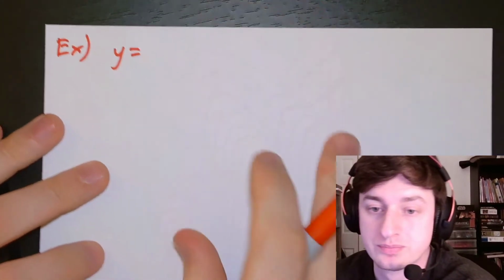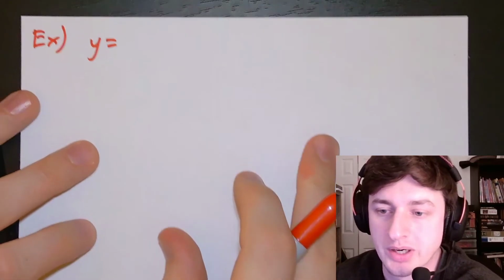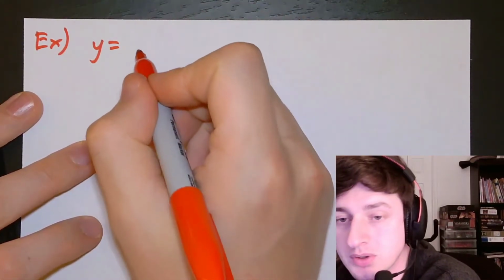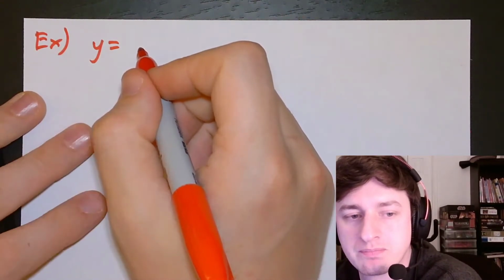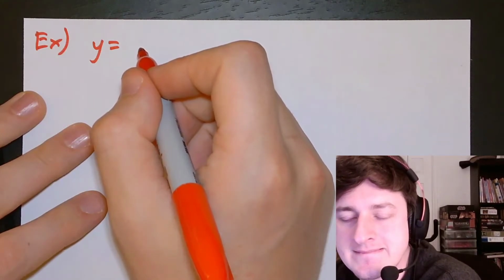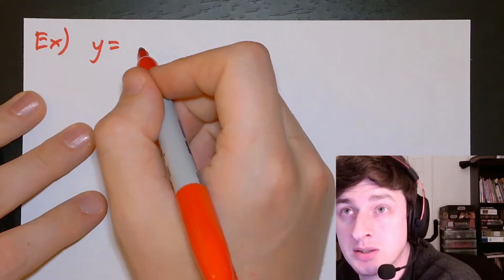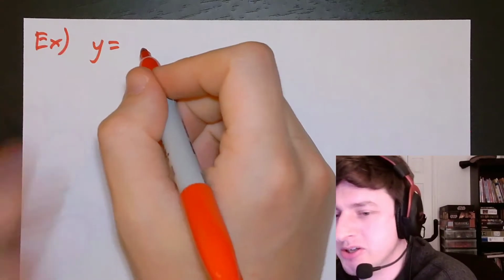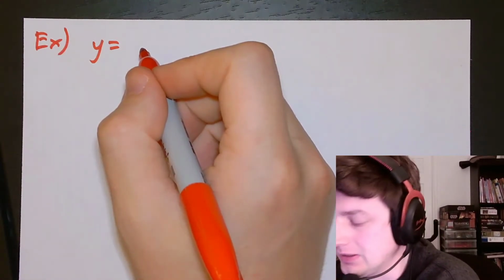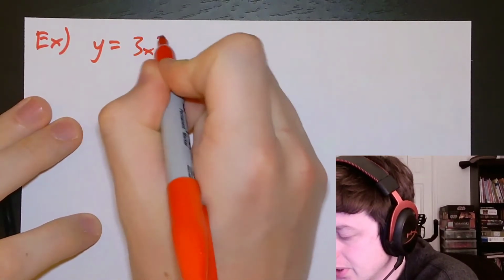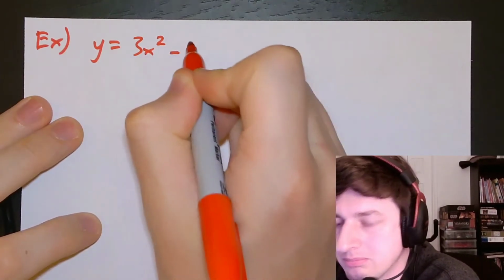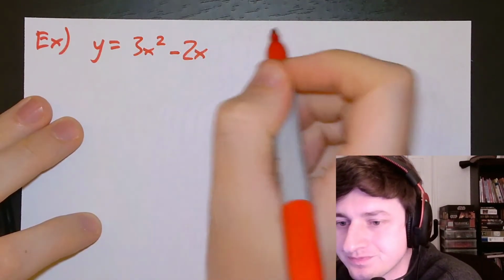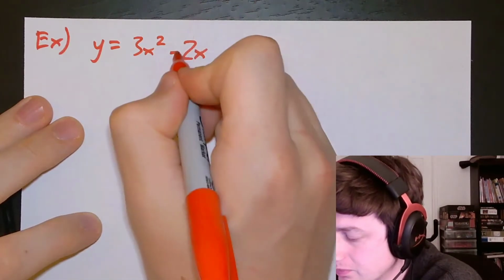We're still going to solve. I didn't write it, but I probably should. But we're going to solve. Let's see, what numbers do we want? 3x squared plus 2x. Yeah, we'll do plus.